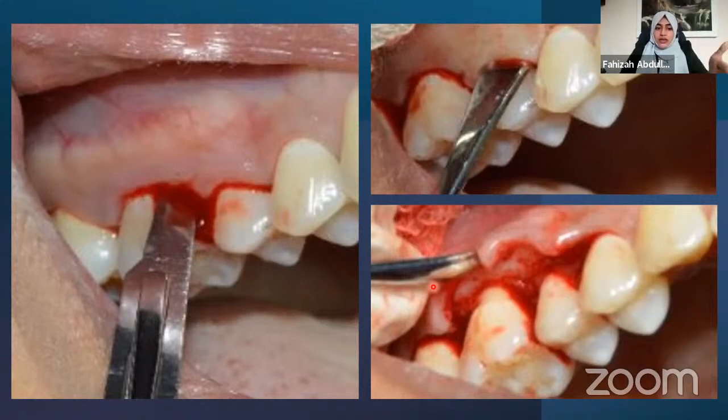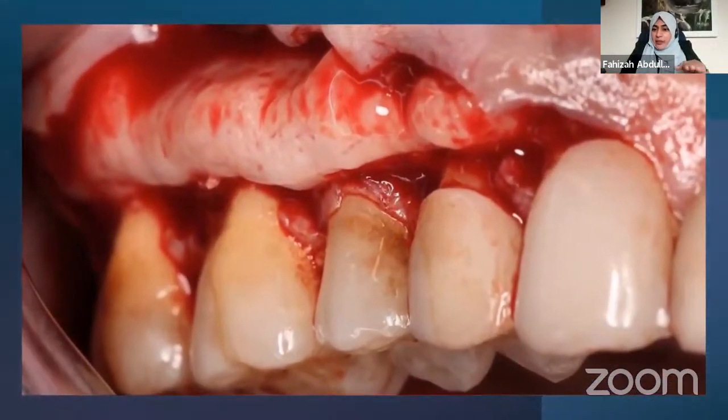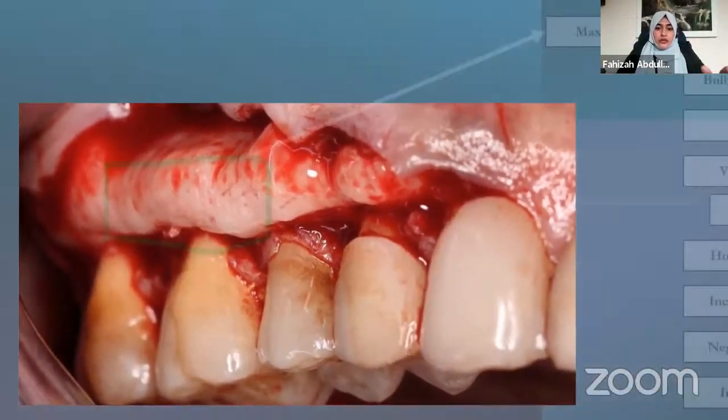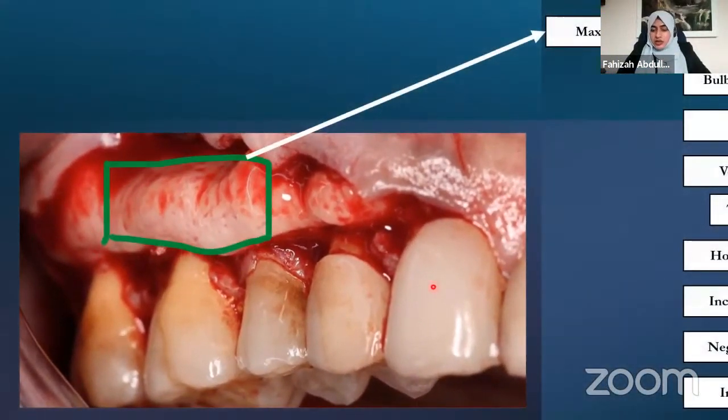We did a circular incision and raised a full thickness flap, and this was the defect which was seen. You might see the extensive bony exostosis, but let's see what the actual osseous defects are. First, maxillary exostosis.